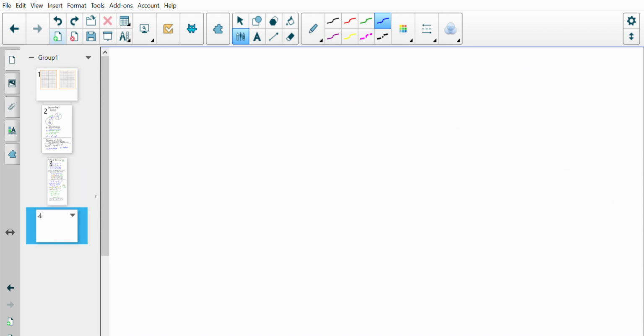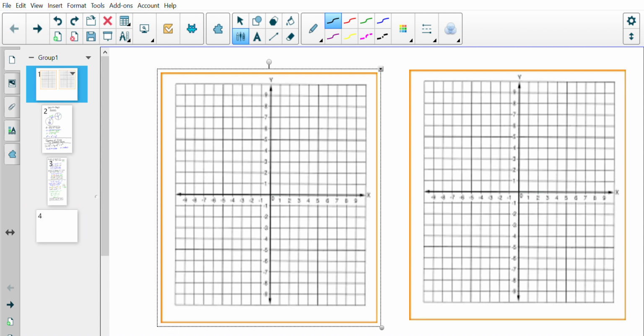So now this time I'm going to give you the graph and I want you to find the center and the radius. So let's go over here and copy one of my graphs for us.